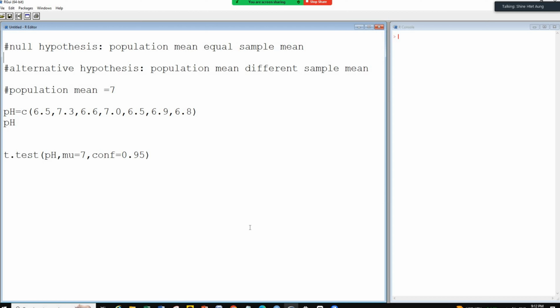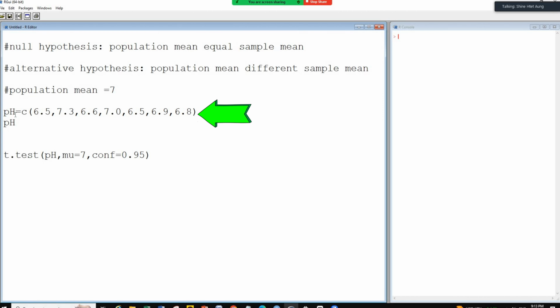So every time we have to know the population mean. The collected data is 6.5, 7.3, 6.6, 7.0, 6.5, 6.9, and 6.8. This is the population mean, the average value of the entire population, and this is the collected data.